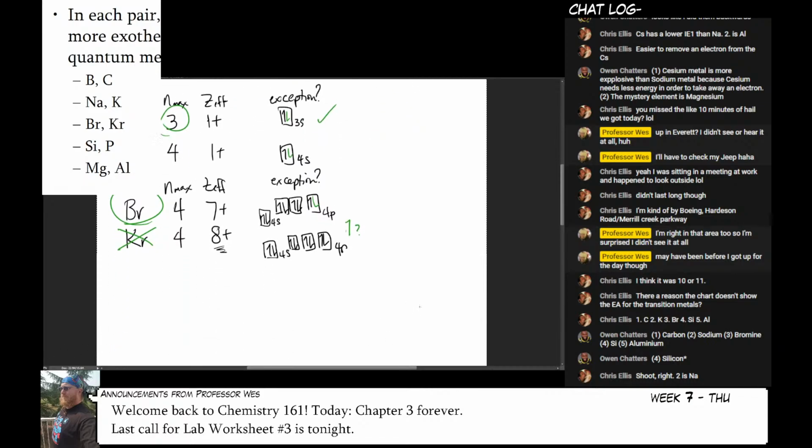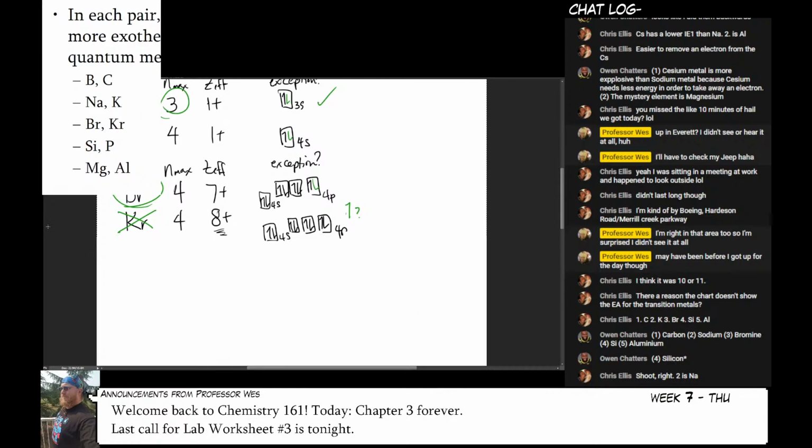All right, let's do the next one. So we got silicon and phosphorus. I really shouldn't have to write out these labels each time, but that's just what I do. Okay, so silicon is in N equals 3, so is phosphorus. Z effective is 4 and 5.